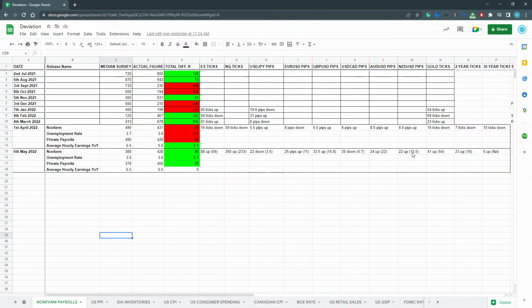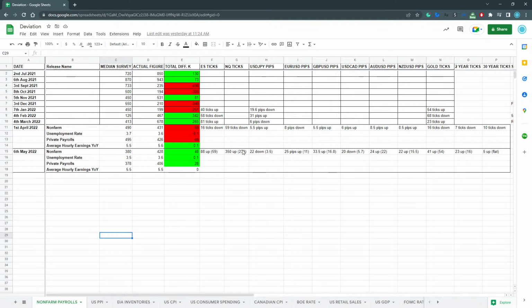We've got about 10 minutes before the release, got to keep an eye on that timer. Gold had seen about 41 ticks towards the upside. And then two-year bond prices had seen about 23 ticks up, and the 30-year had seen about 5 ticks up.